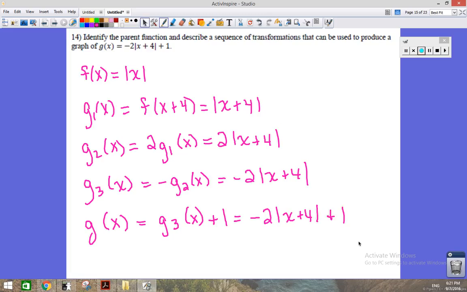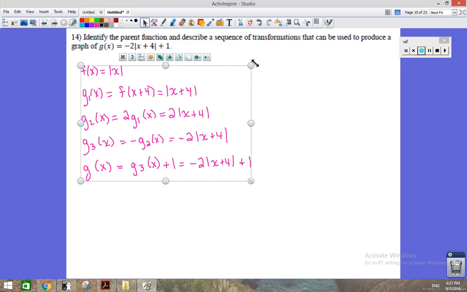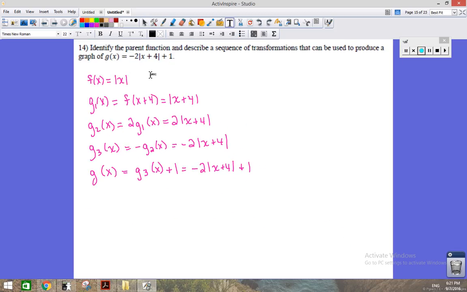So let's come in and give descriptions. I said them verbally, but let's type out the descriptions. Make sure we're answering the questions. So here, the parent function is the absolute value function.